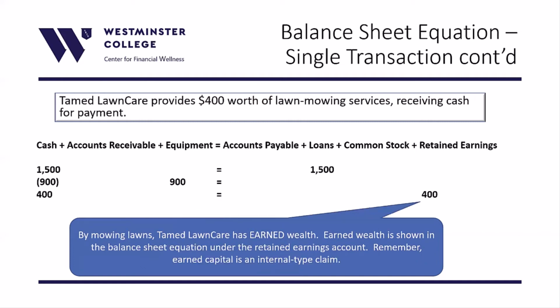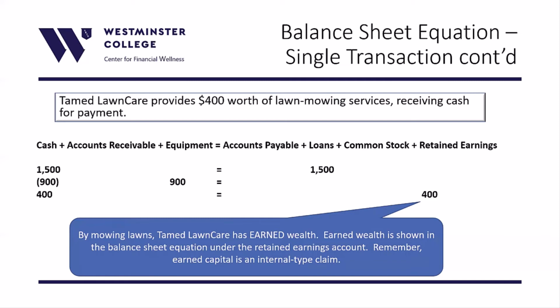All right, another transaction example. Okay, TLC mows lawns and receives some cash. It's important to remember that in this transaction, TLC is mowing lawns. That's what TLC does as a business. It's their operations.